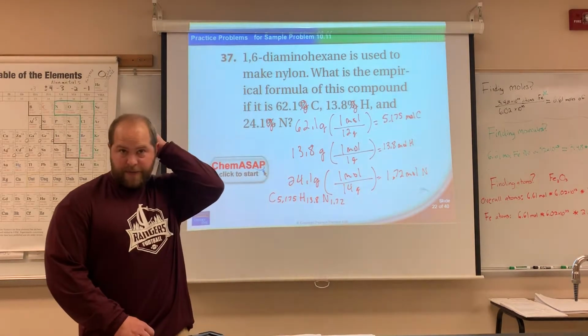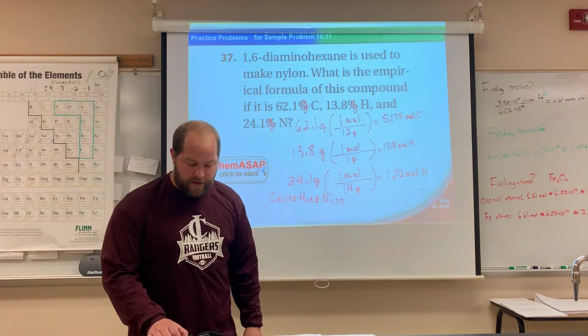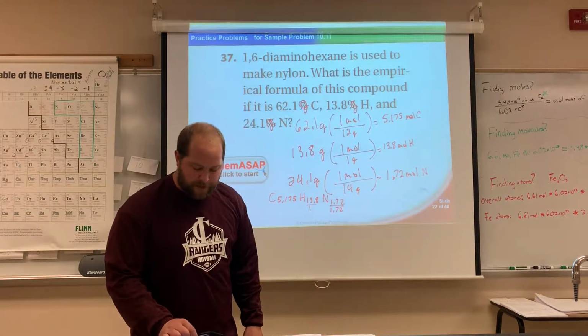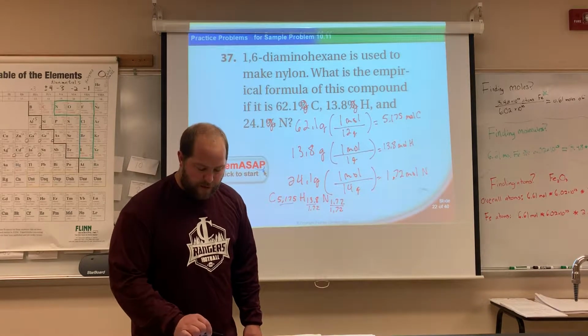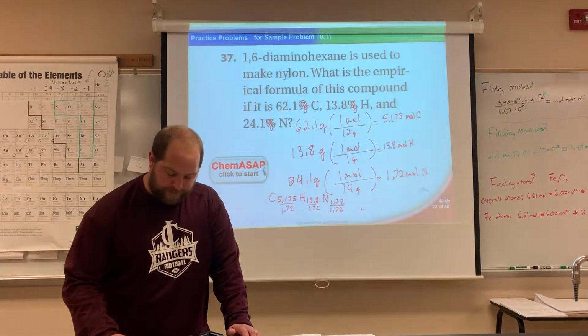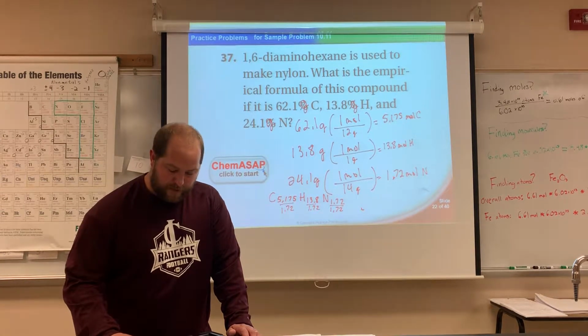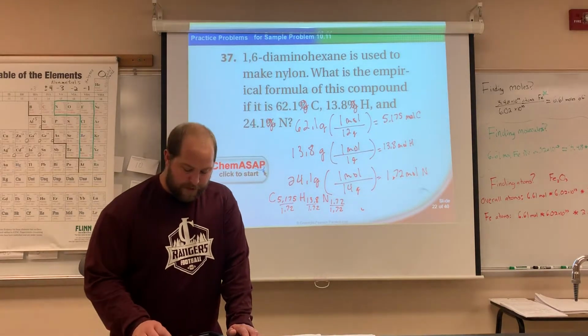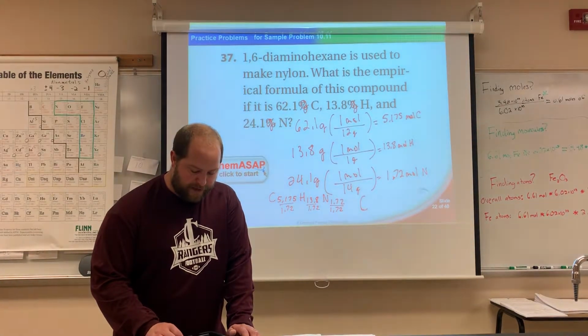All right, so the next step is divide by the smallest number. That way we can get an even value. 1.72. So 5.175 divided by 1.72, for the carbon, I get 3.